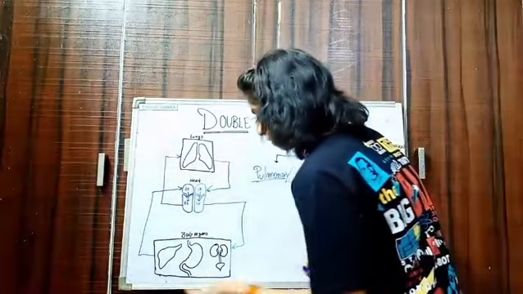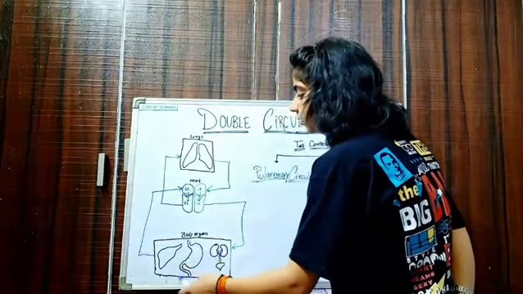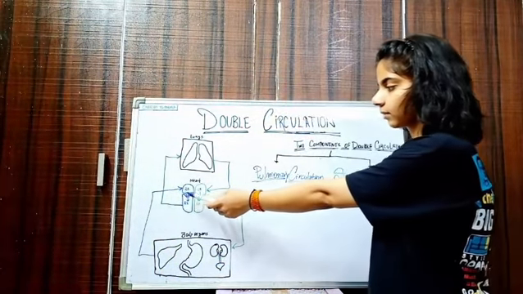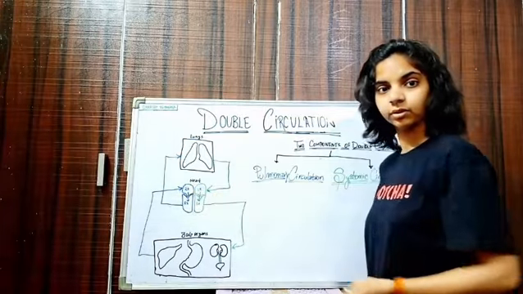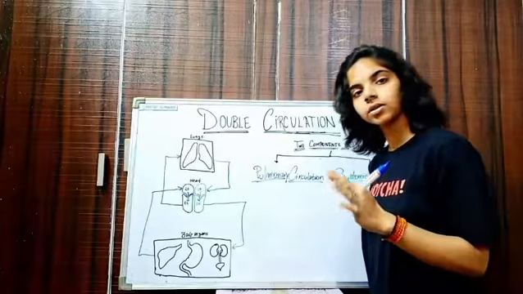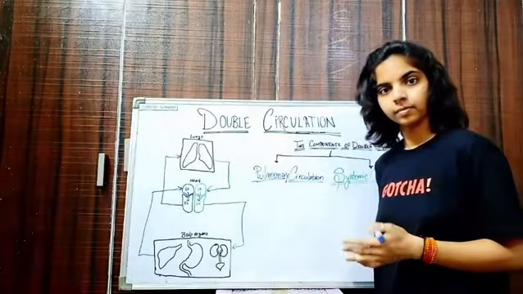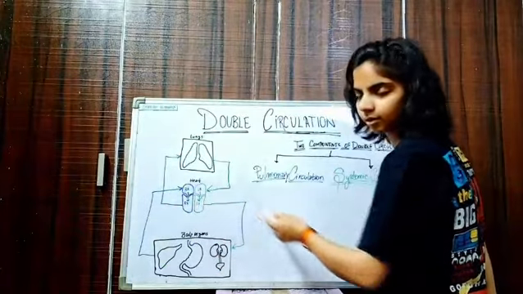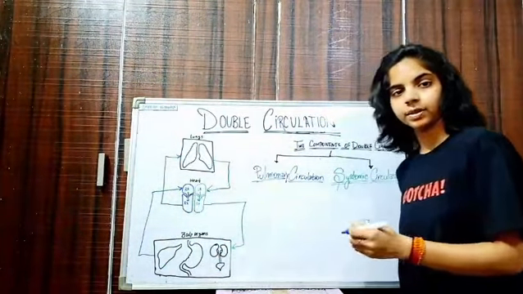Now tell me, as the body organs transfer deoxygenated blood to the right atrium, of course a vein must be present, a vein that is carrying deoxygenated blood to the right atrium. Now this vein has a specific name.